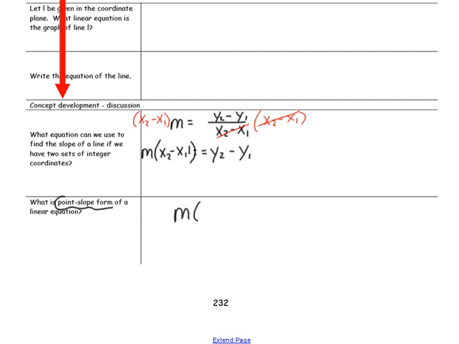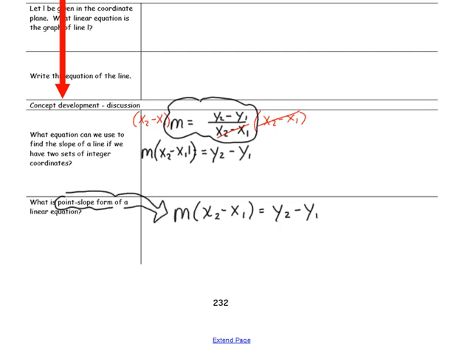M times the quantity, x sub 2 minus x sub 1, equals y sub 2 minus y sub 1. So we have manipulated our formula for finding slope into this equation, and this is called the point slope form of an equation.